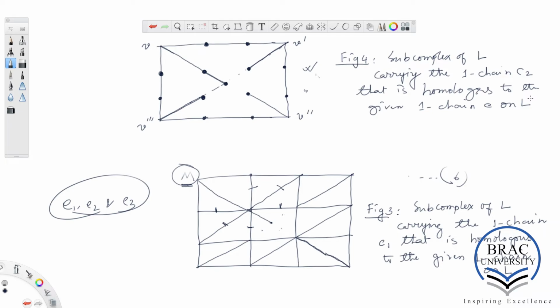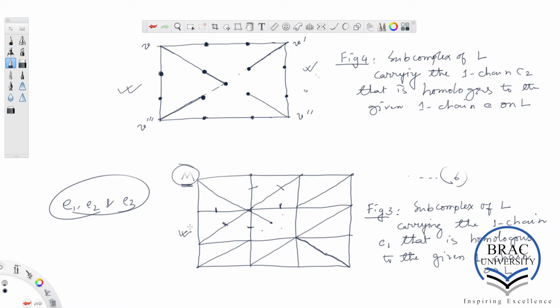So you actually prove that the one chain carried by this subcomplex is homologous to the one chain carried by this subcomplex, right?